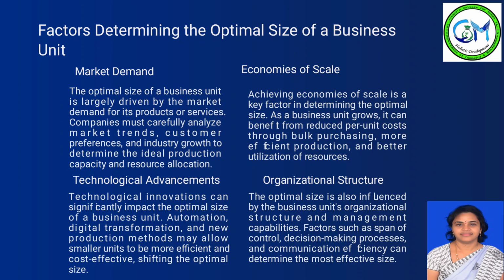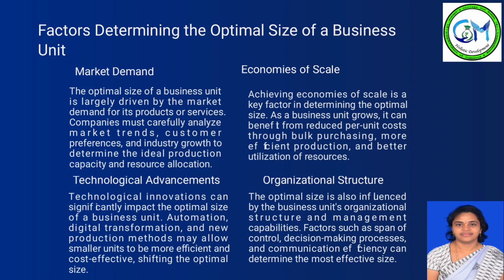Technological advancements. Technological innovations can significantly impact the optimal size of a business unit. Automation, digital transformation, and new production methods may allow smaller units to be more efficient and cost effective, shifting the optimal size. Next one is organizational structure.